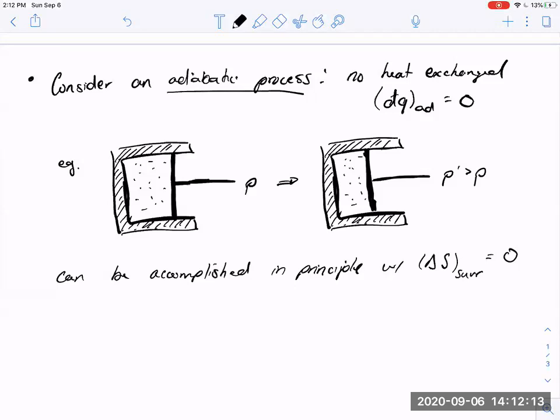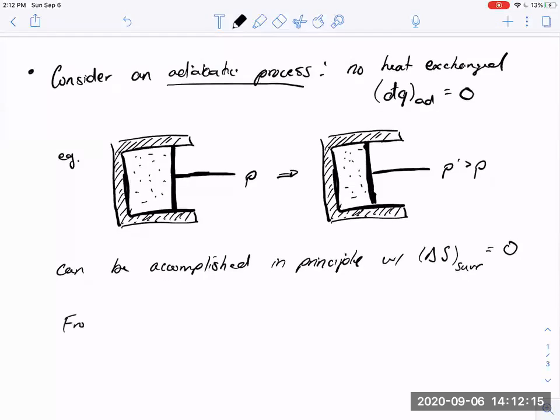It then follows from the second law, which applies to some whole universe, some system plus surroundings, that the total change in the entropy, which in general has some component from the system and some component from the surroundings, in a spontaneous process, their sum has to be greater than or equal to 0.